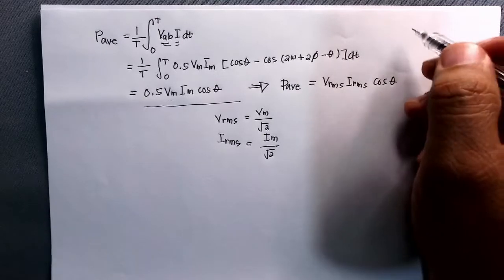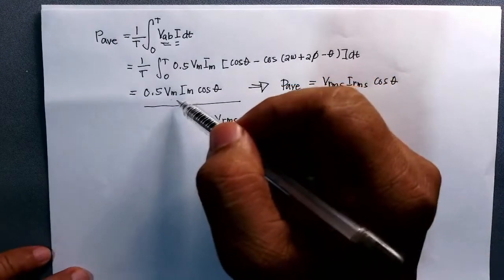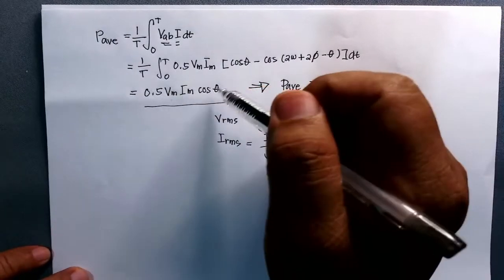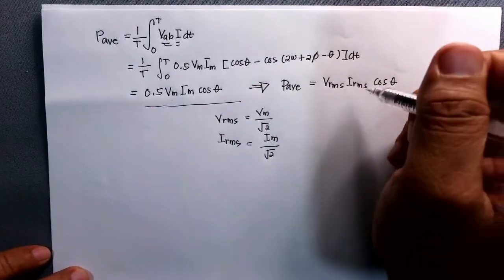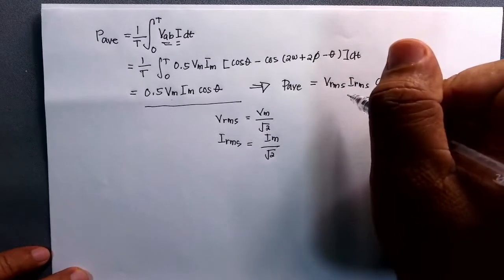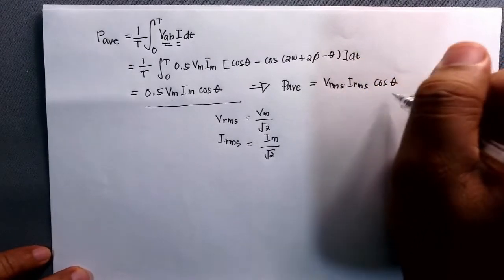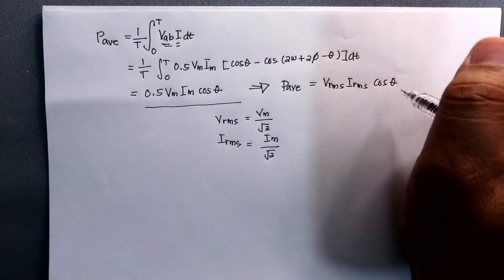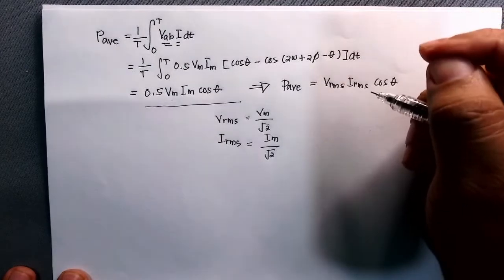Okay, so if you have a maximum value, you just multiply that maximum value by 0.5 times cosine theta. But if it is an RMS value, you just multiply the voltage value in RMS and the current value in RMS and multiply it by cosine theta. That will be the average power. Okay?